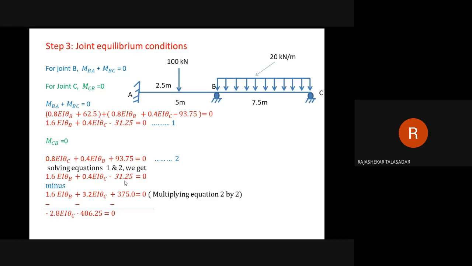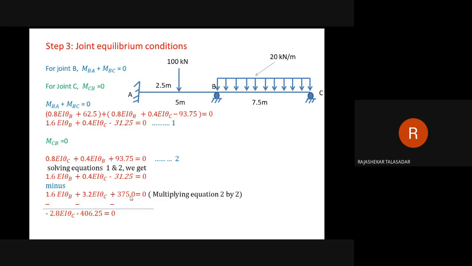If you add them, you will get minus 406.25 equals to 0. Is it clear? This is multiplying equation 2 by 4, not 2. So 0.4 into 4, 1.6. 0.8 into 4, 3.2. 93.75 into 4 becomes 375.